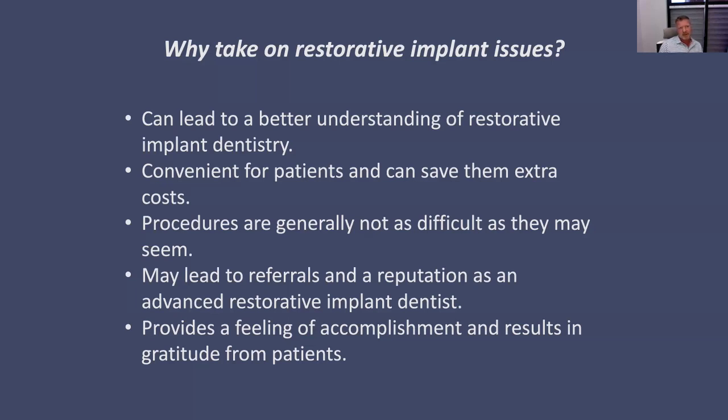If you can save a trip to the prosthodontist, you save time away from work and time away from family, and it probably puts you in a better position to help the patient in the first place. You have a lot of leeway with implant complications, because most patients, when their implant has a problem, automatically think that it failed.